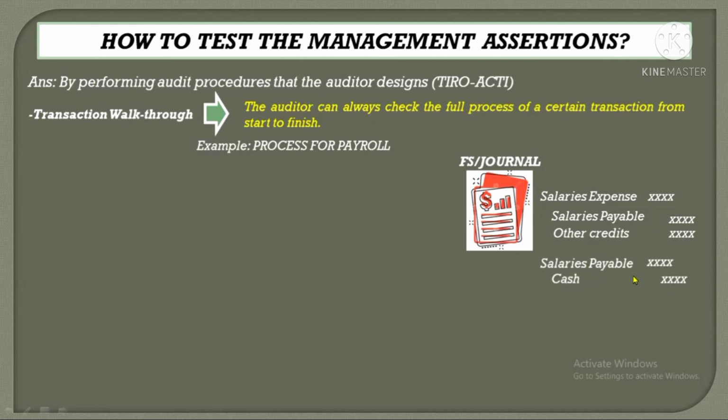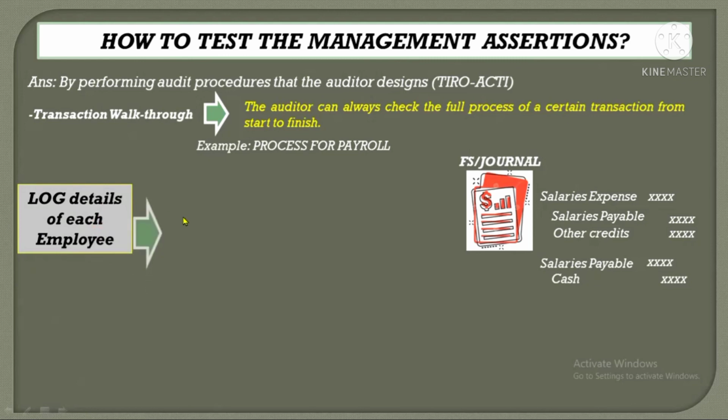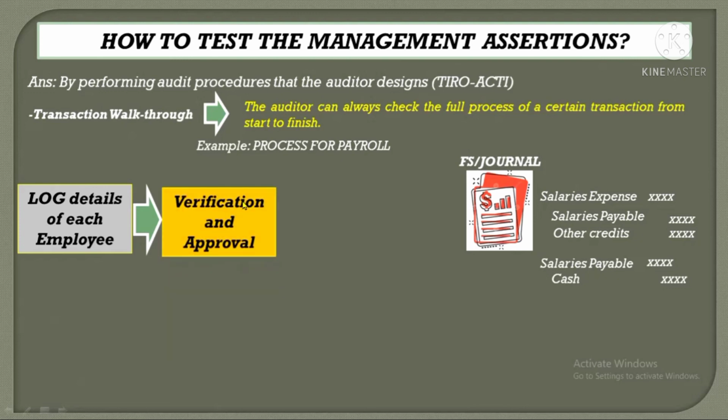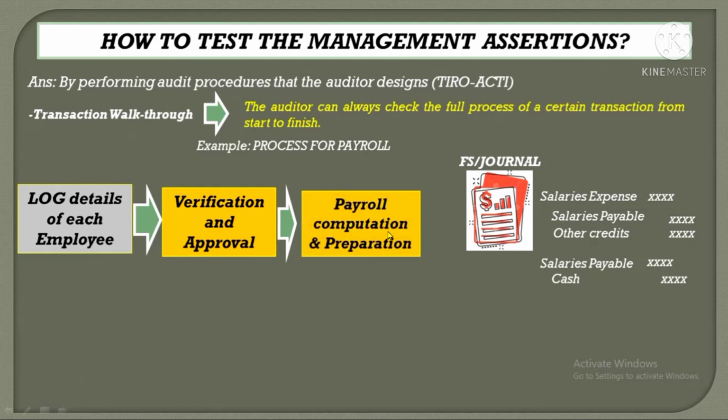That's what we know. But we also know that it started from somewhere. It started from the login and logout data of the employees. And that data, aside from being organized and summarized, also passed through verification and checking. After that, payroll preparation and computation of salaries follows.